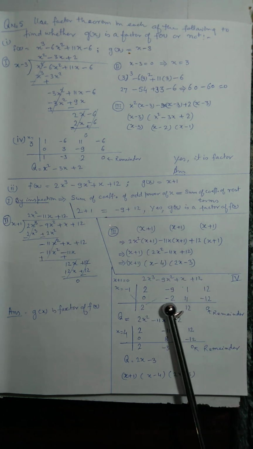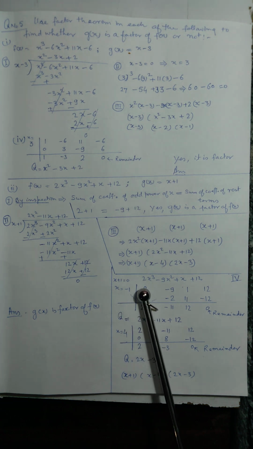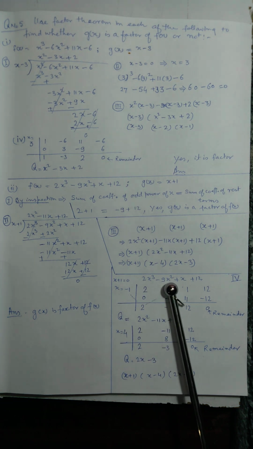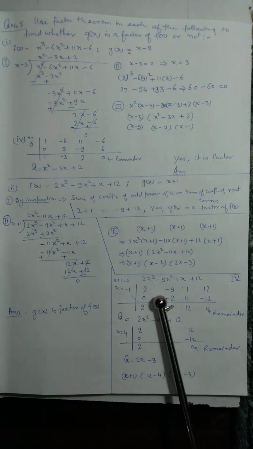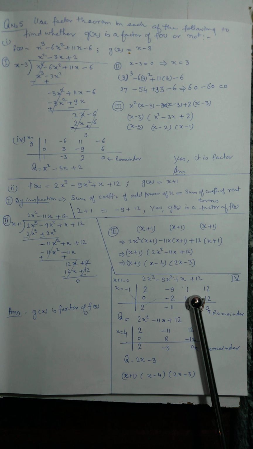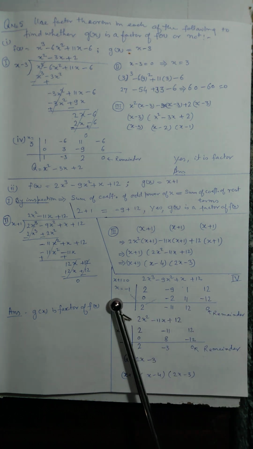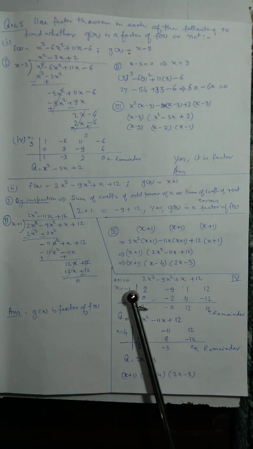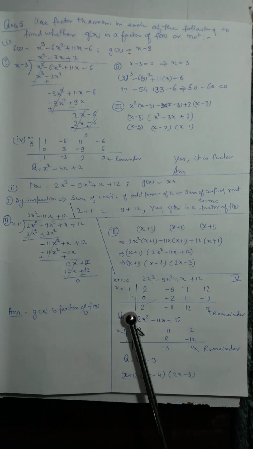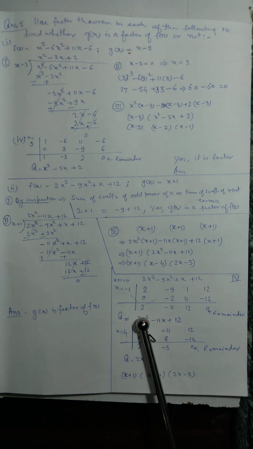Now the fourth method, that is the Newton method, which I told you earlier also, is to detach the coefficients of the given expression. So here you write 2, minus 9, 1, 12, and x plus 1 equal to 0, so x will be equal to minus 1. Now first of all you put 0 below 2 and add it, you will get 2.